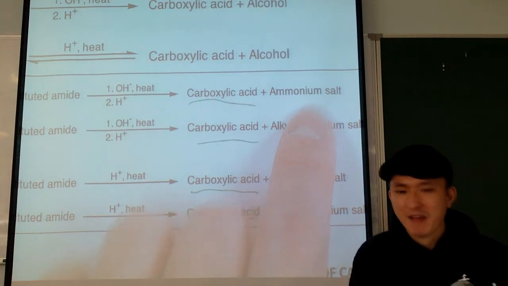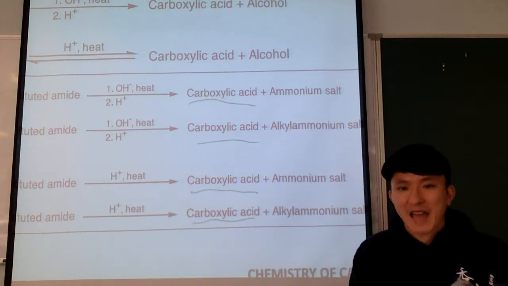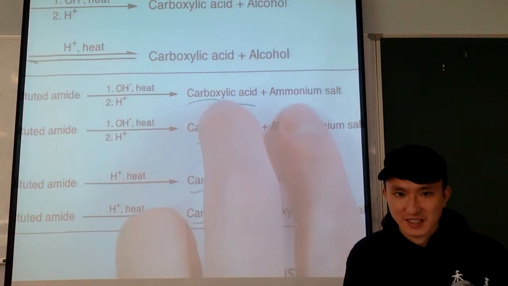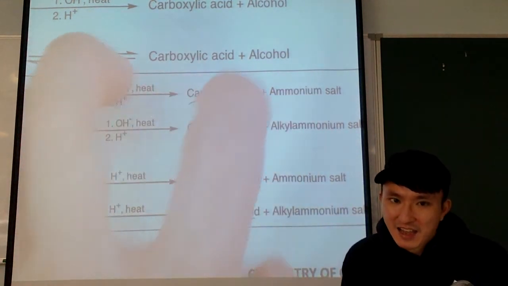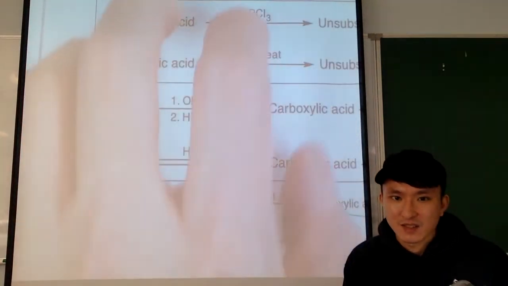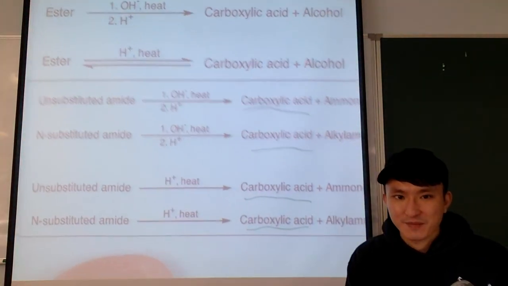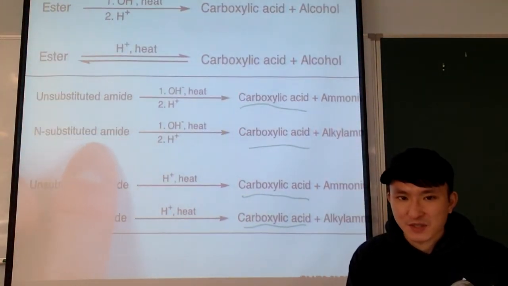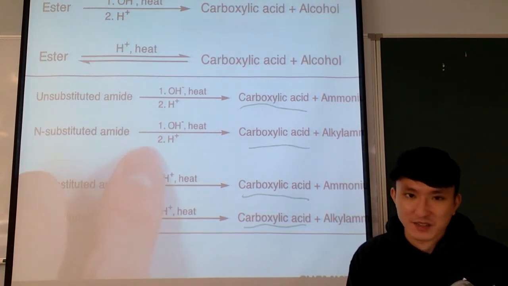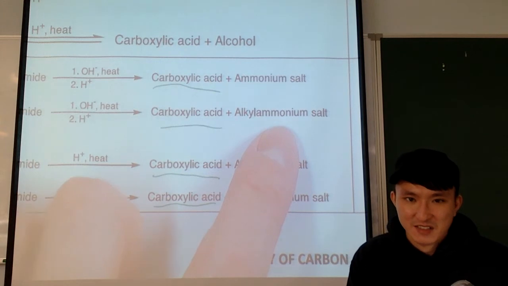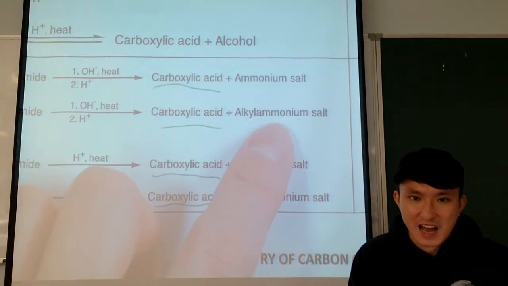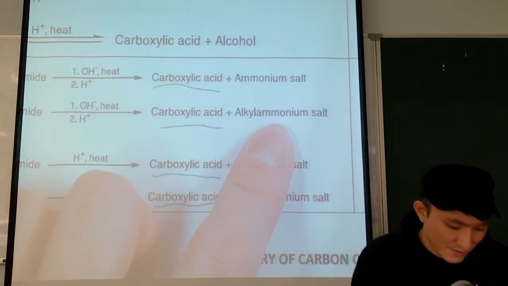Okay? So bear in mind the acid-alkaline behavior of the product when it comes to the hydrolysis of amide and hydrolysis of esters. Okay? If this is N-substituted amide, actually the reaction is the same, but just that the product is not ammonium, should be alkyl ammonium. Okay?